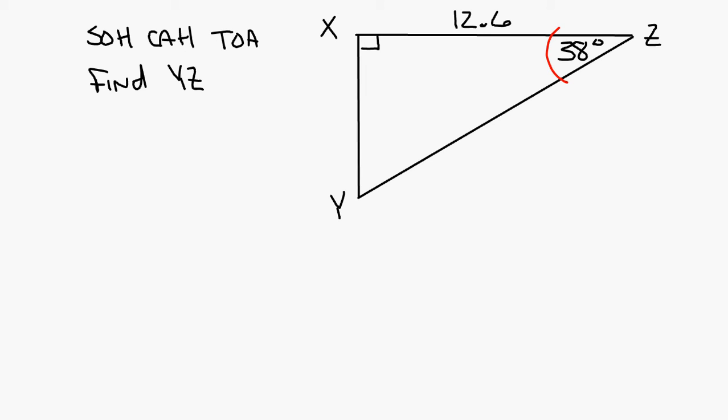You're given the side that is adjacent to the angle, and you're looking for the hypotenuse. So adjacent and hypotenuse. Cosine. So your proportion is cosine 38 equals its adjacent side, which is 12.6, divided by the hypotenuse, which is what you're trying to find here, Y to Z.